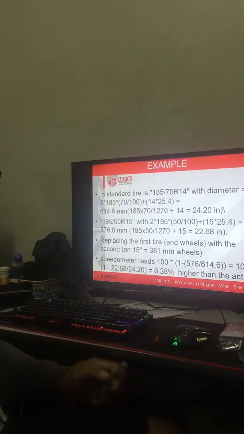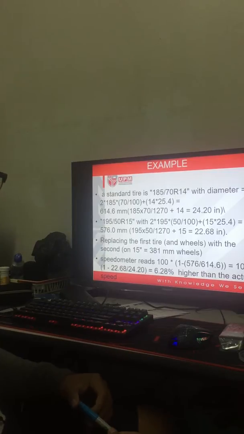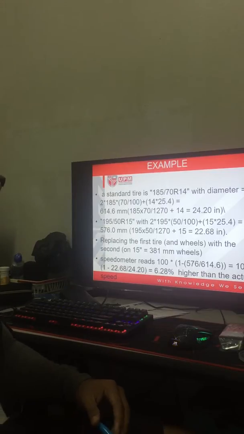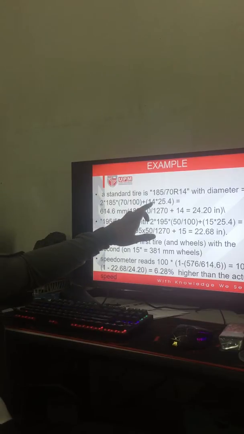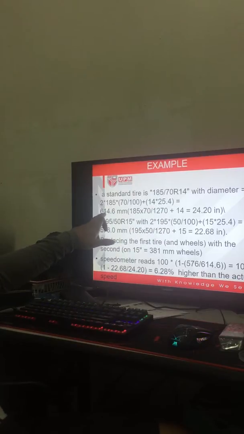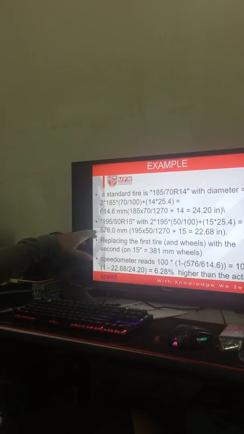The standard tire is 185/70 R14, with diameter 2 times 185 times 70 over 100 plus 14 times 25.4, which is equal to 614.6 millimeters, equivalent to 24.20 inches.